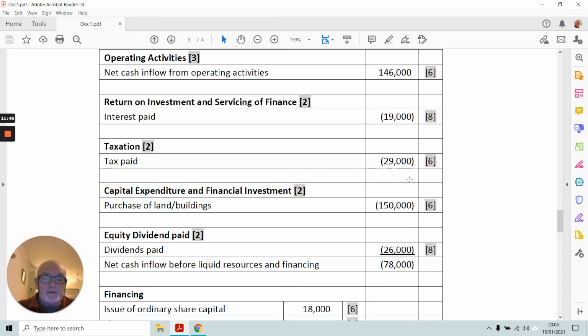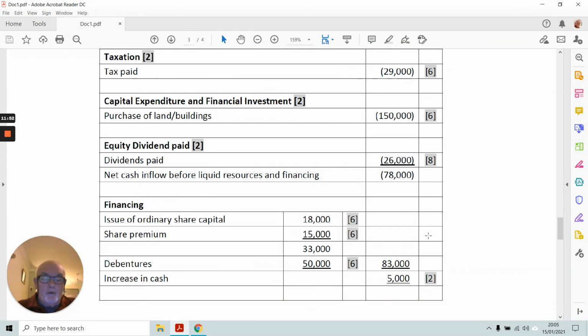So when we take those 5 figures into consideration, we get what must be called net cash inflow before liquid resources and financing. Before we get to thinking about our capital employed, our cash outflow is 78,000.